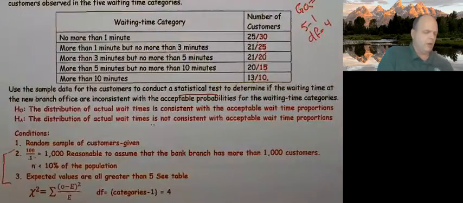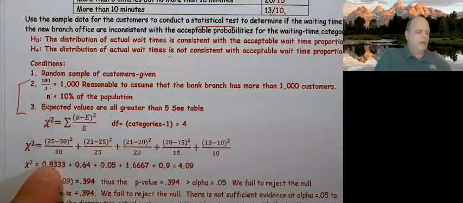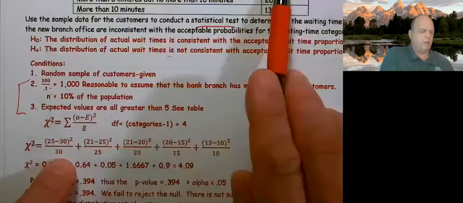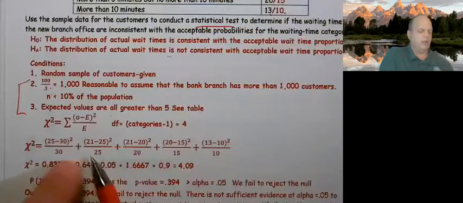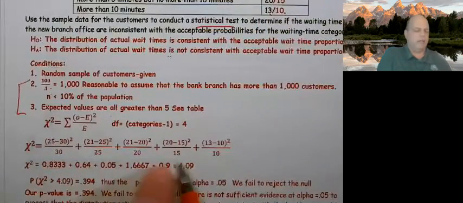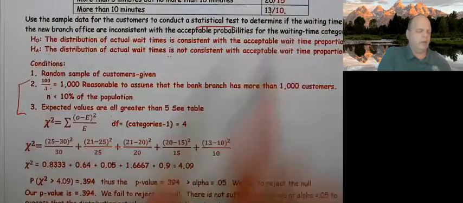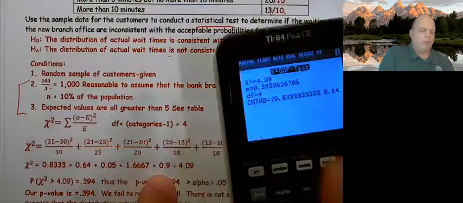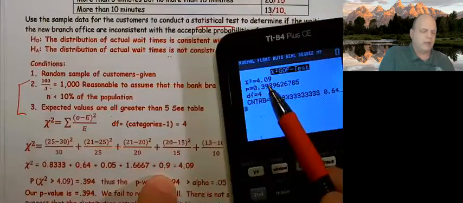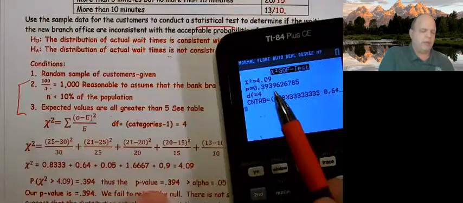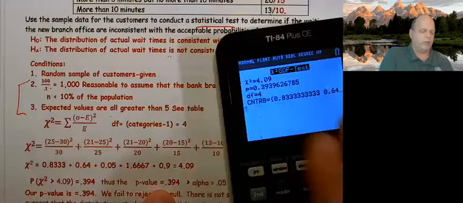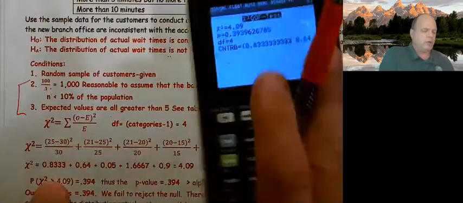So 25, that was my observed, minus my expected, divided by my expected. I can do plus dot, dot, dot, and then do the last one. And I end up getting 4.09, all right? And I ended up getting a p-value of 0.393 or 394, something along those lines. Contributions.